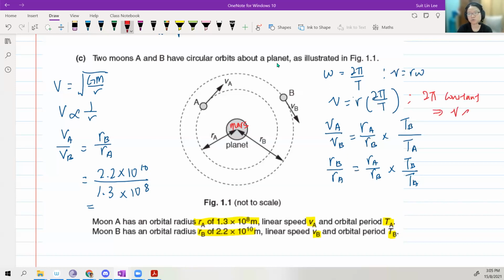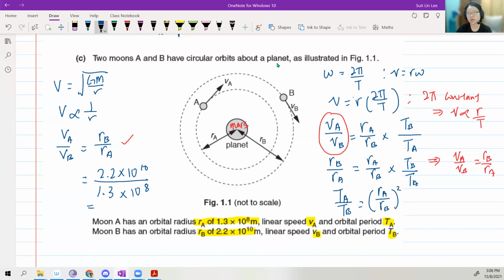Hence, V is proportional to R over T. But also, when I move on to this line, what I'm doing is VA over VB, which is this one, is equal to RB over RA. Then after some rearranging, I get TA over TB is bracket RA over RB squared. So I just take whatever answer here and power 2.